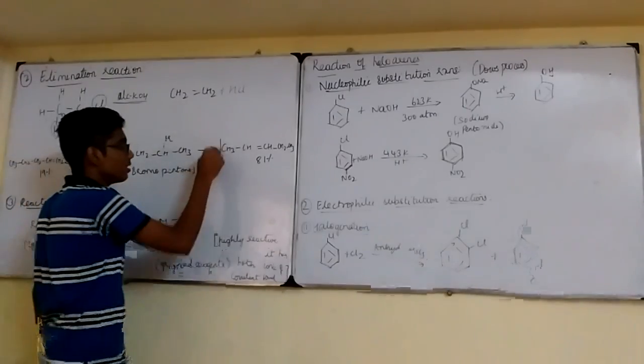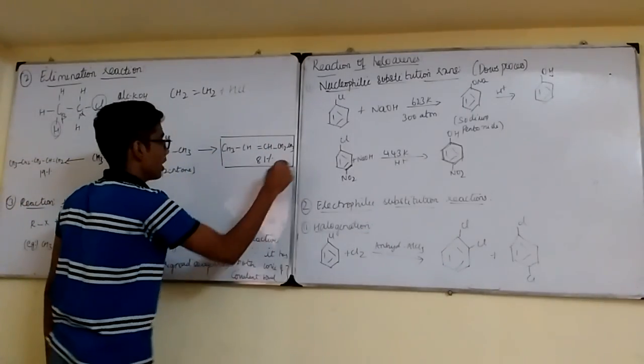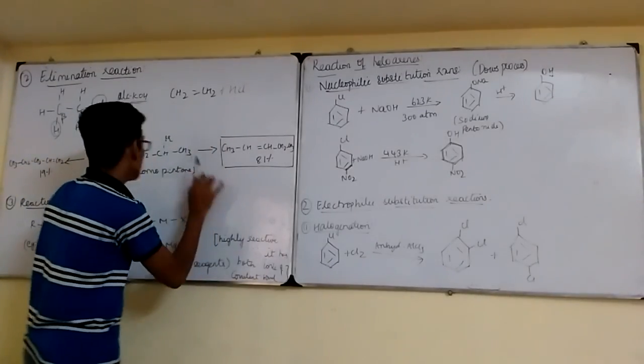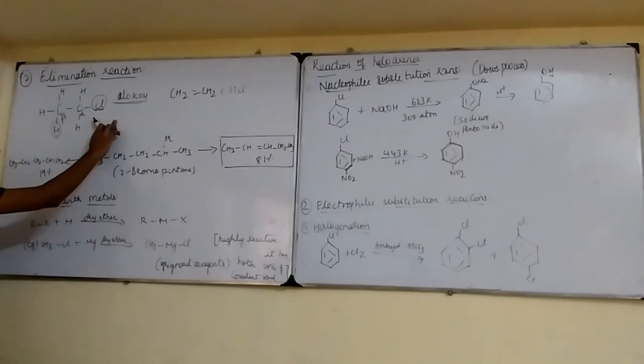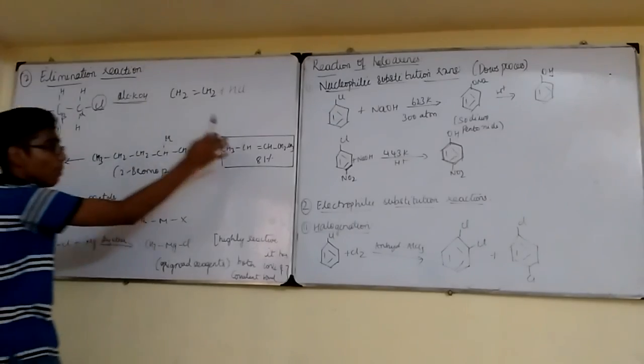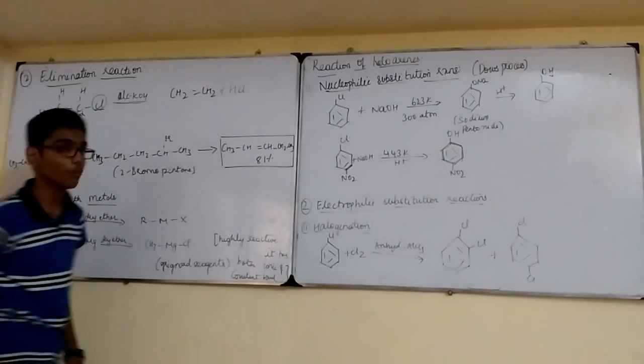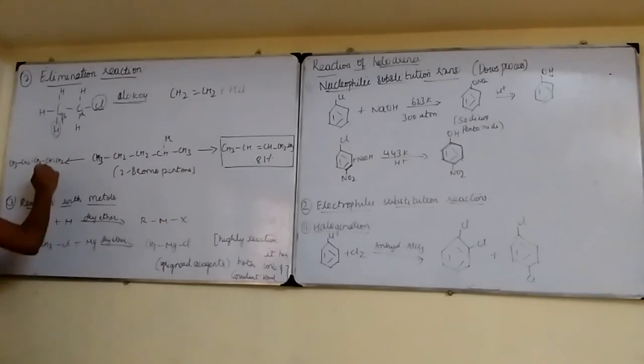Why am I calling this a major product? Because one rule says that during beta elimination, there has to be a greater number of alkyl groups on either side of the double bond. In this case, there is only one alkyl group on one side of the double bond, so this is not going to be the major product.